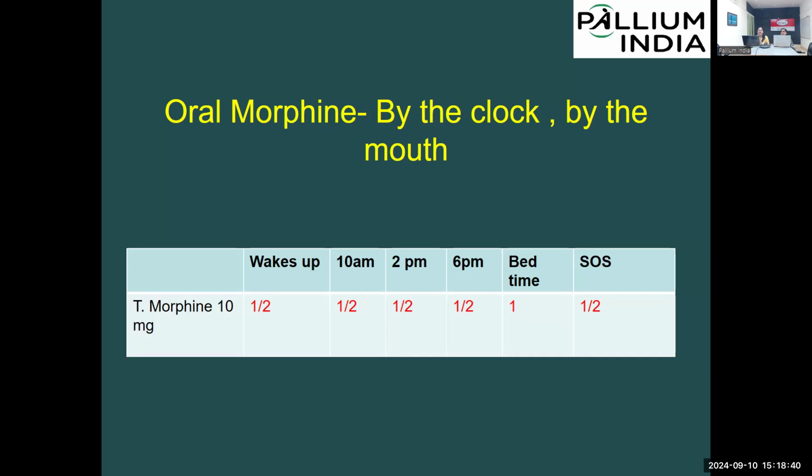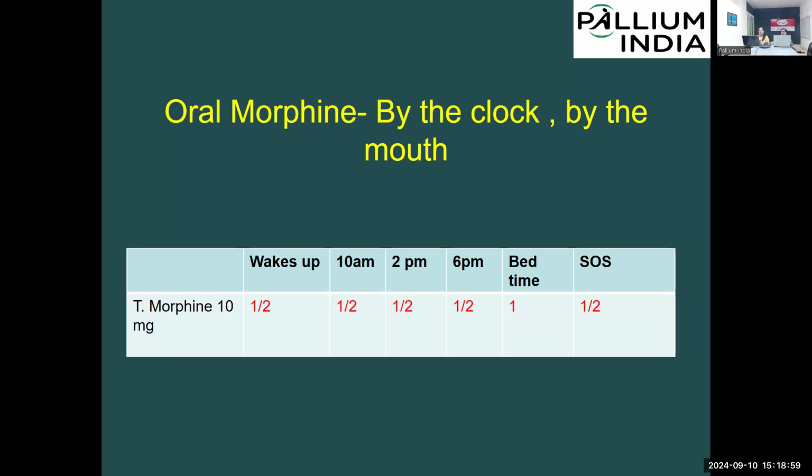We usually prescribe morphine every 4 hourly. Why do we want to give a double dose at night?